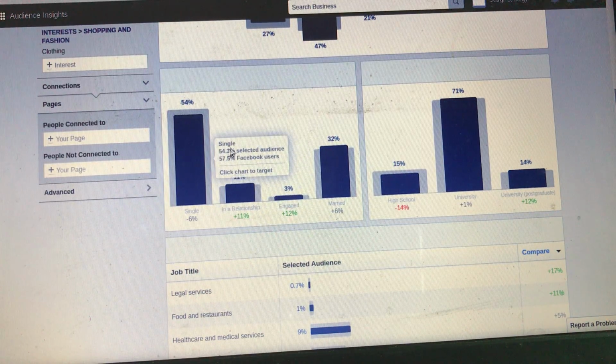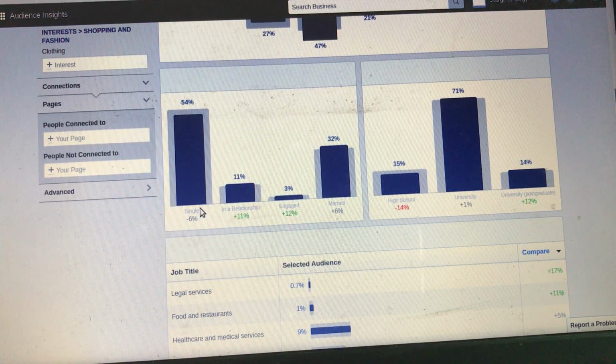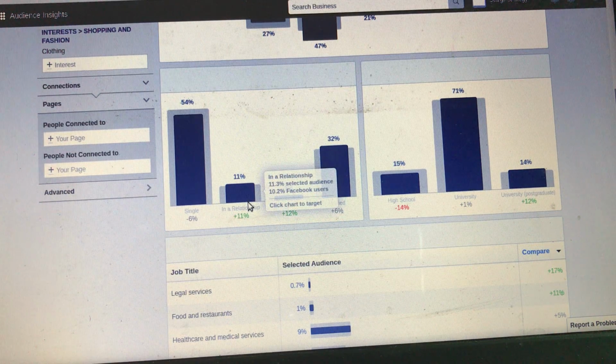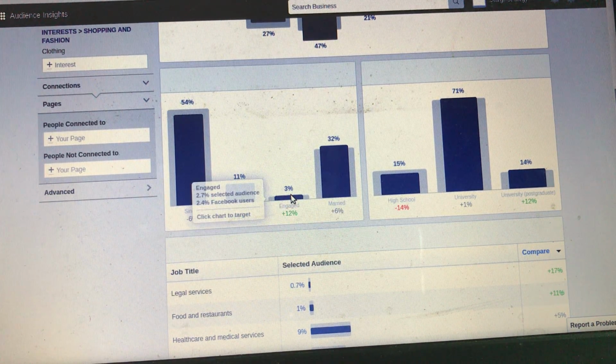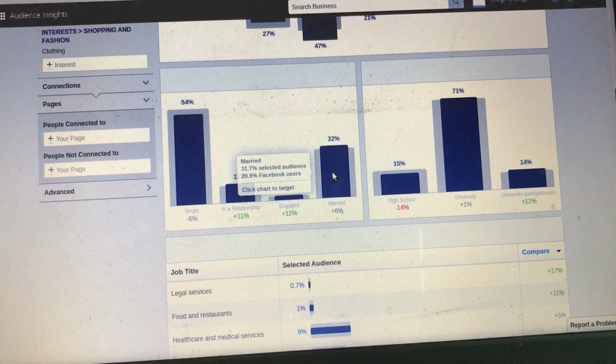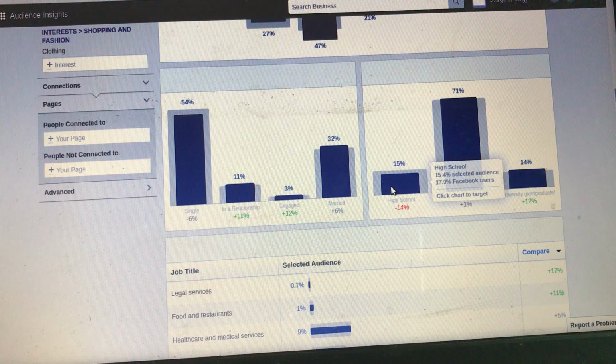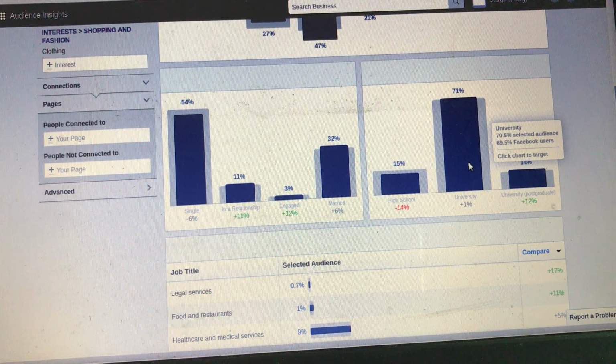So you can see their demographics again in terms of relationship. You can see that 54% of them are single, 11% of them are in a relationship, 3% are engaged, and 32% are married. You can also see that 15% are in high school, 71% are in the university.